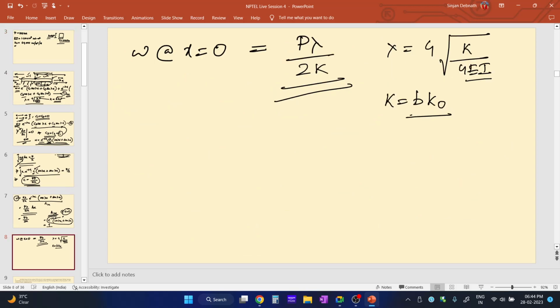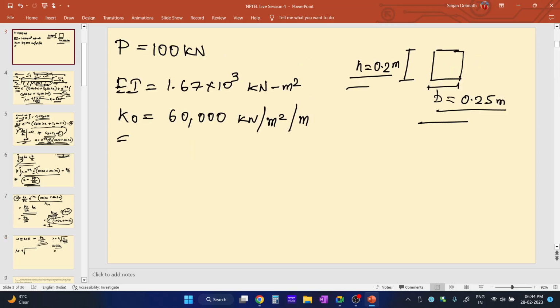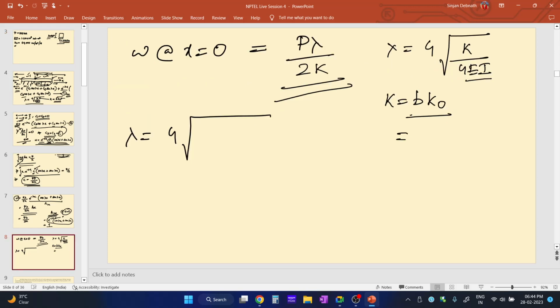So let me just write it down. Lambda is equal to the fourth root of k by 4EI. K means b into k0. That means what is the value of b? The value of b is 0.25 meters. So 0.25 into what is k0?